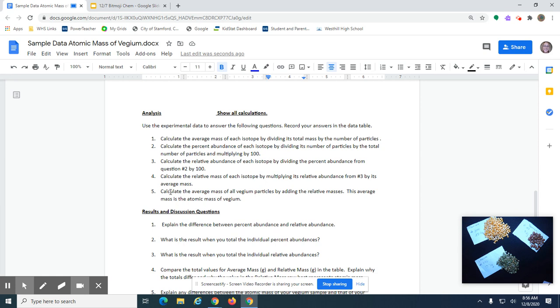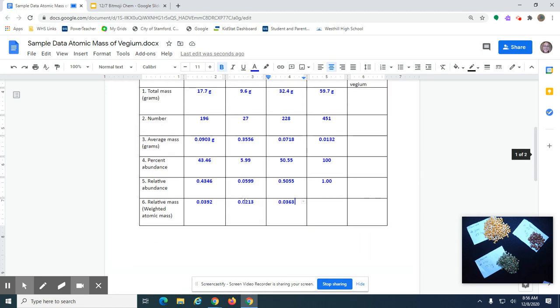And the next thing says calculate the average mass of all Vegium particles by adding the relative masses. This average mass is the atomic mass of Vegium.